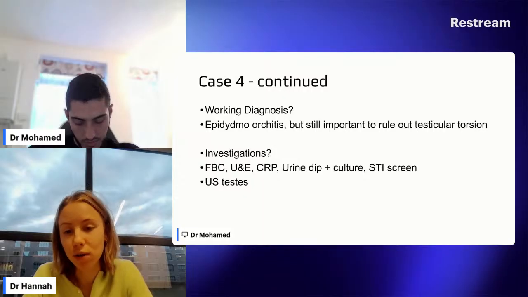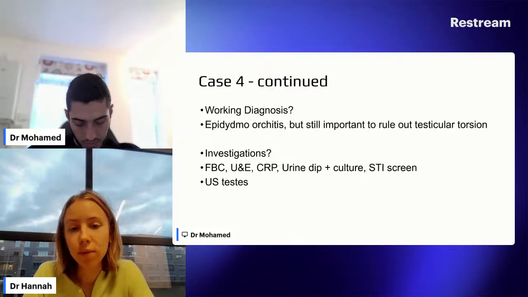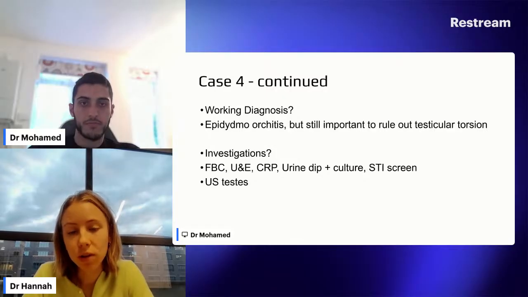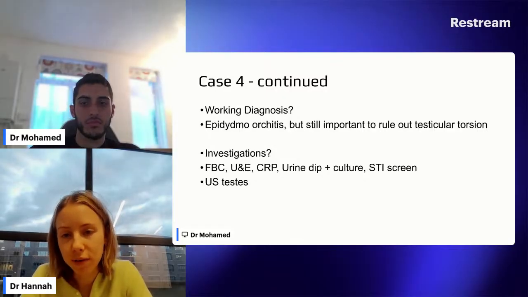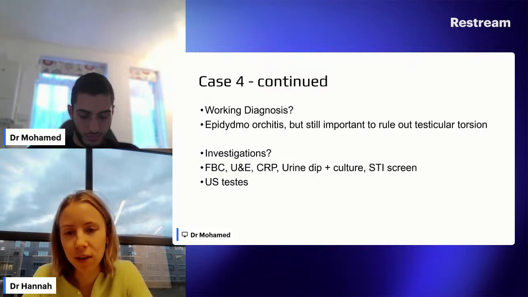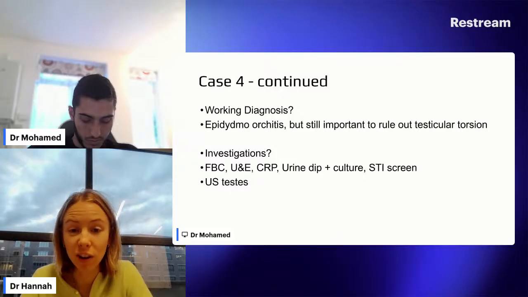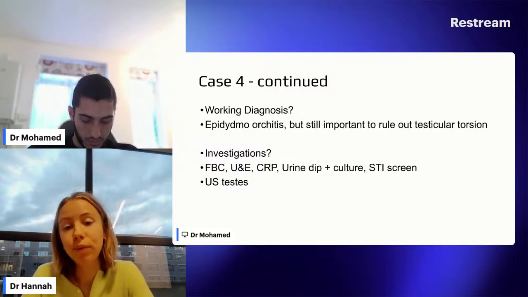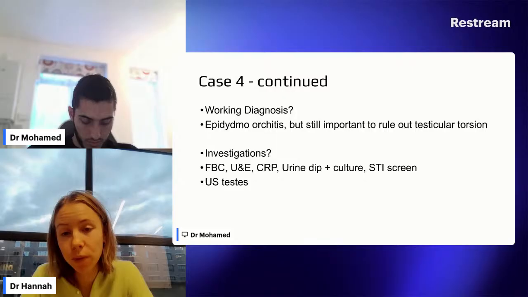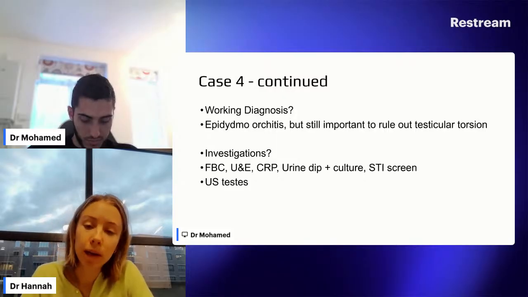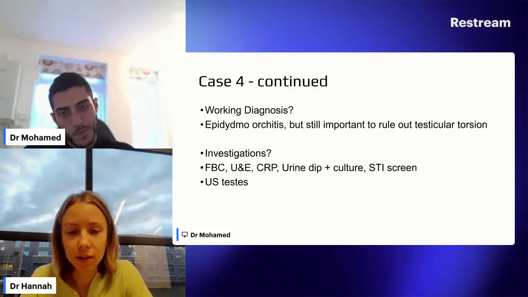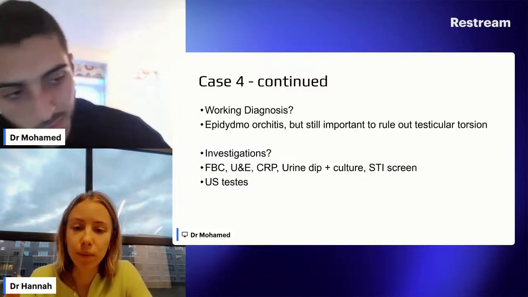From this history, I think we can pretty reasonably say that it's not torsion. But if you're ever unsure at all, then, A, ask a senior, or B, just ask urology to come and have a look at least. What kind of investigations would we do? So yeah, full blood count, U&Es, CRP, all of that usual stuff.